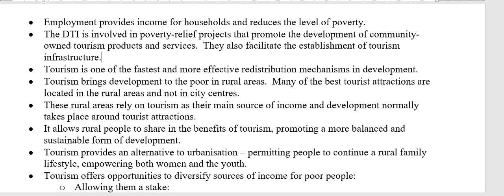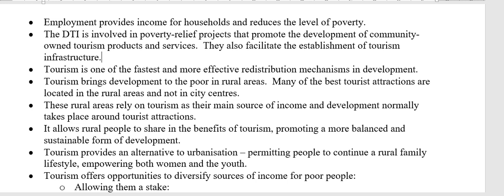They also facilitate the establishment of tourist infrastructure. What is very important is that tourists will go to the areas where there's infrastructure. Tourists generally can't go to a place when the roads are falling apart. Tourists don't go to destinations where there's no running water or sanitation or electricity supply. Tourists like to have a comfortable kind of experience.